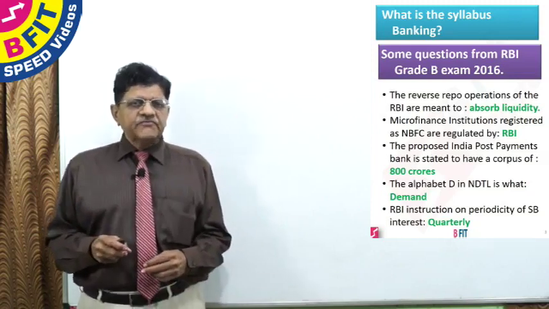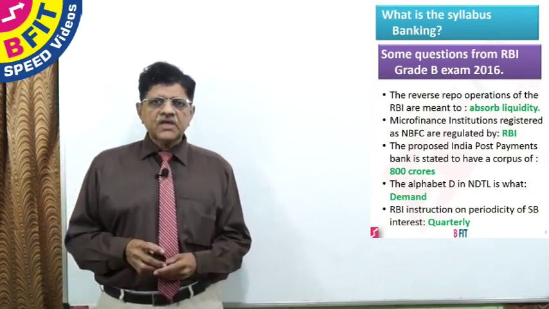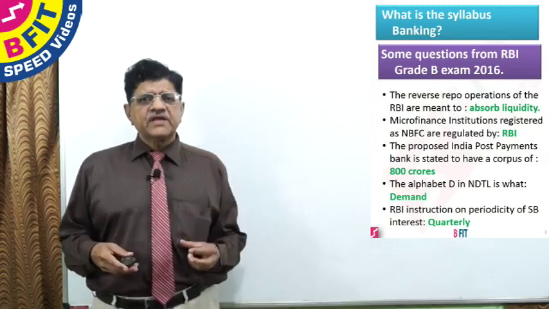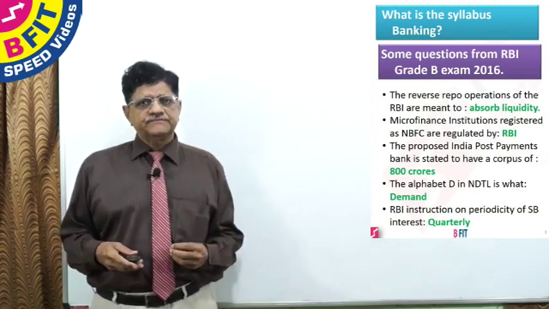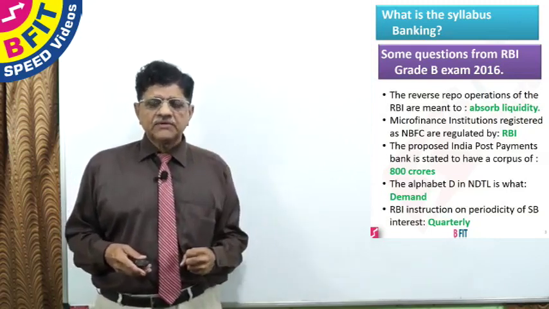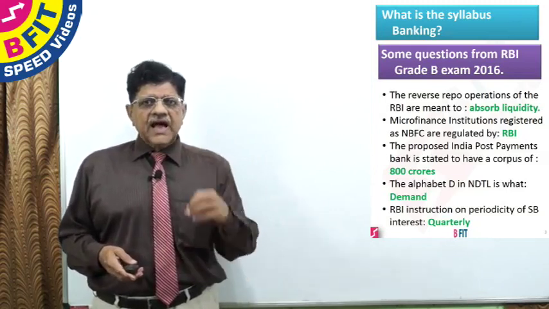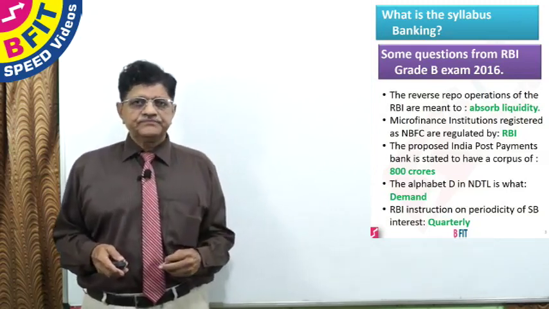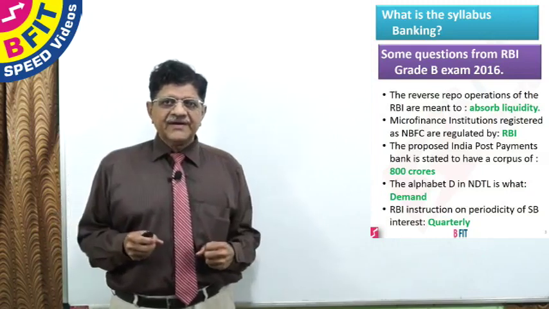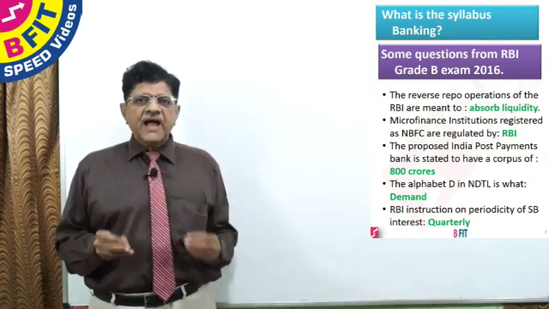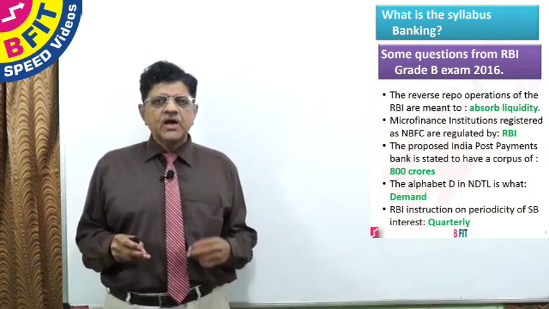And the fifth question is: what is the periodicity of interest payment in savings bank account as per instruction of RBI? Now this is a very interesting question, because all along banks have been giving interest on savings bank only every half year.